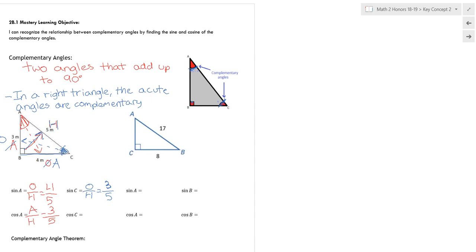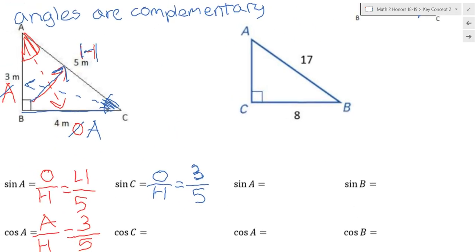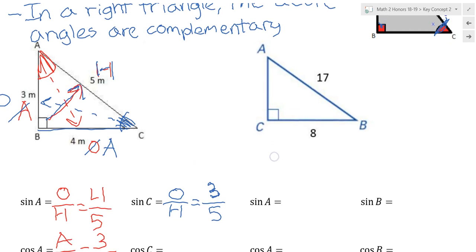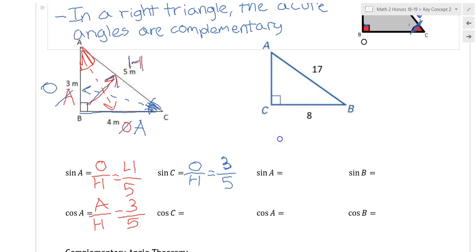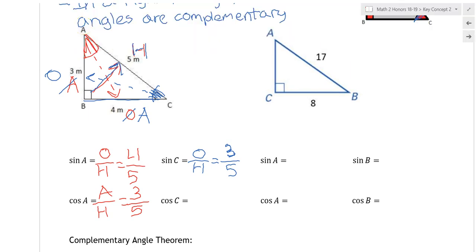Then for the cosine of C, cosine is adjacent over hypotenuse. My adjacent side is 4, and my hypotenuse is 5.